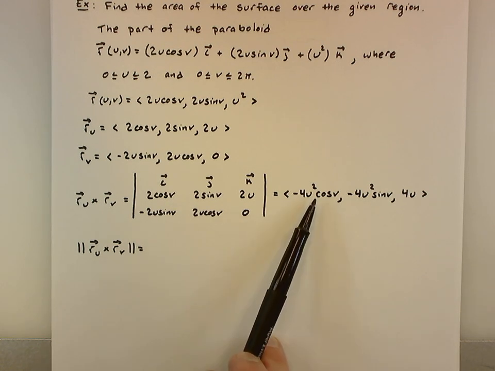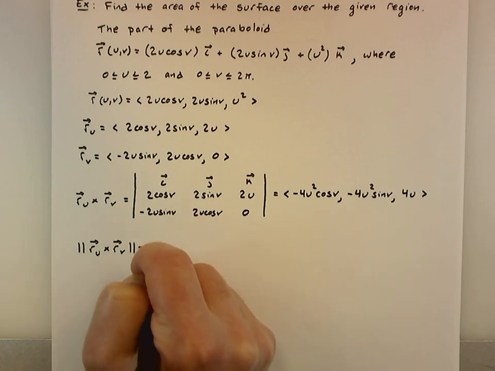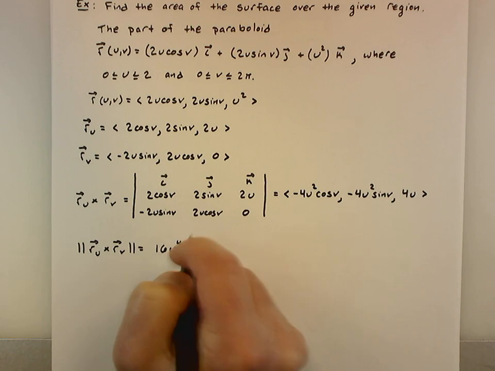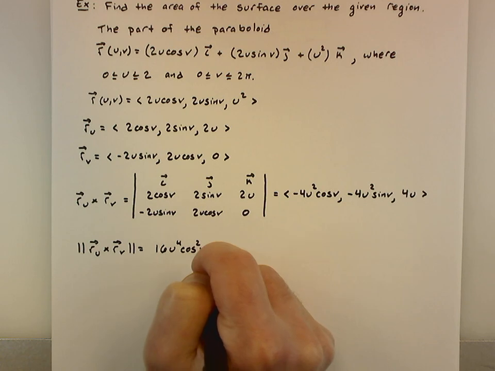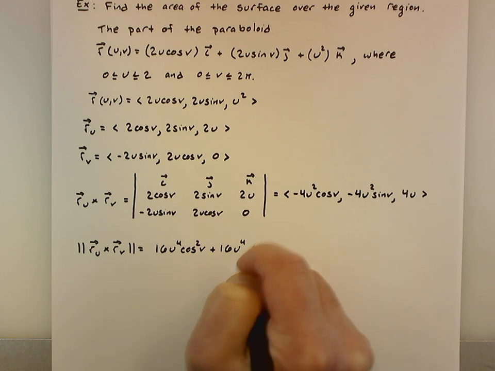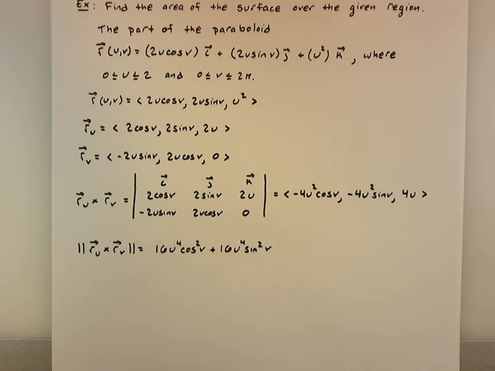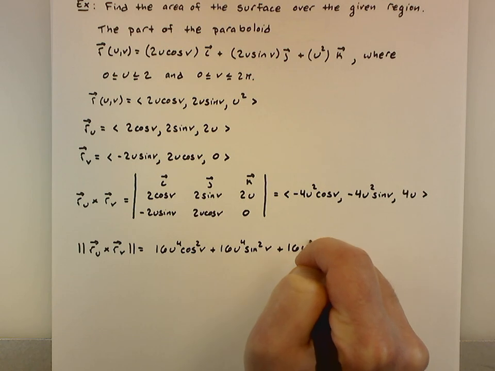So if I square the first component, this turns into 16 u to the fourth cosine squared V. If I square the second component, that's an additional 16 u to the fourth sine squared V. If I square the last component, I get 16u squared.